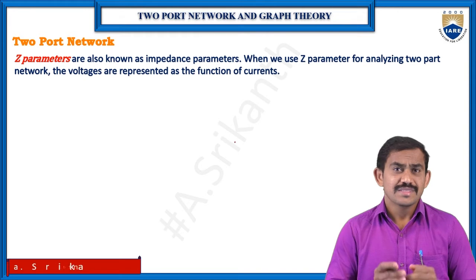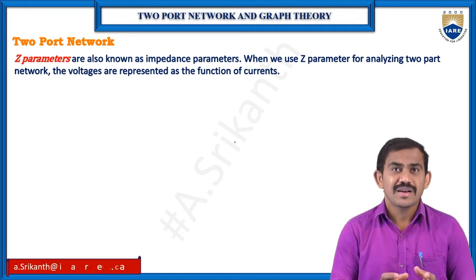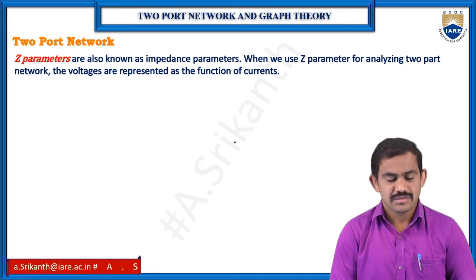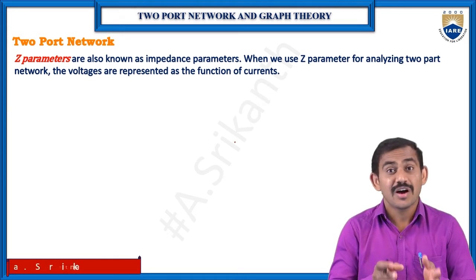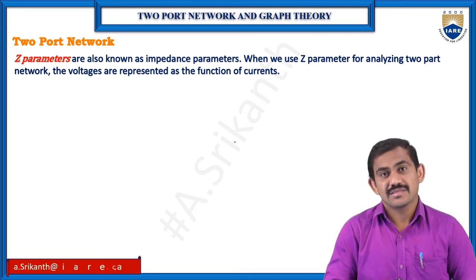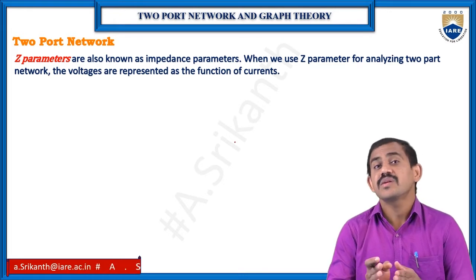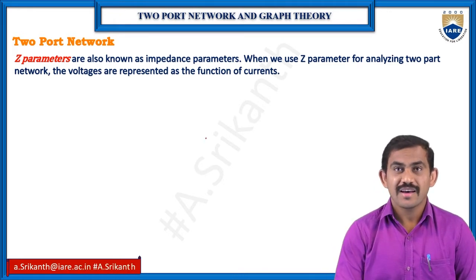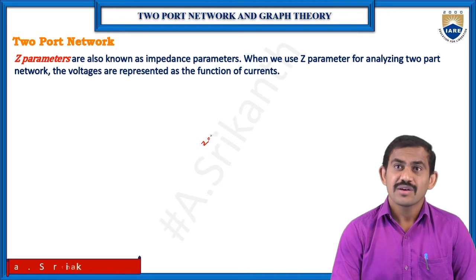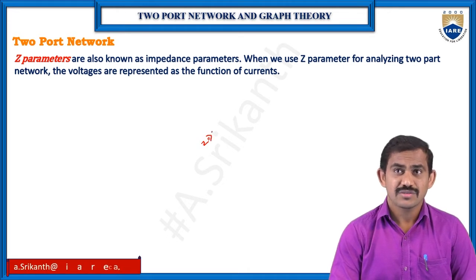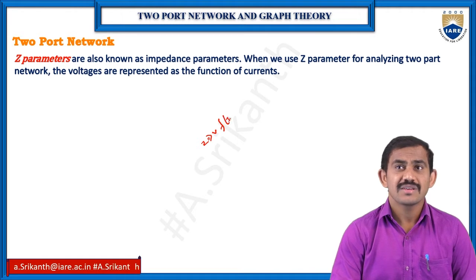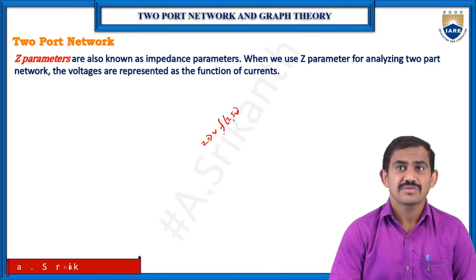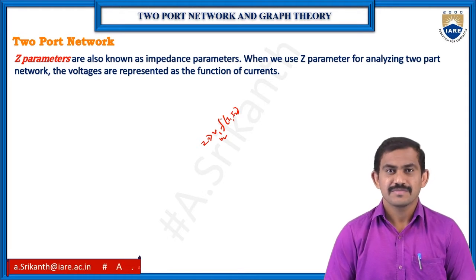Z parameters are voltage equations in the form of currents. So V1 and V2 in the form of I1 and I2.